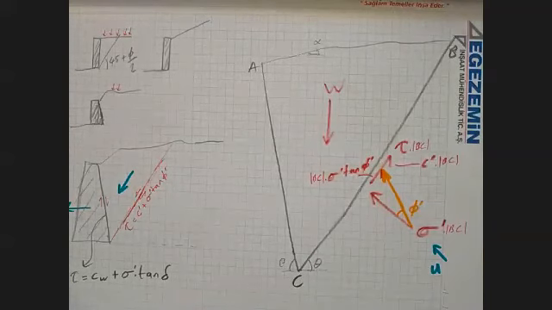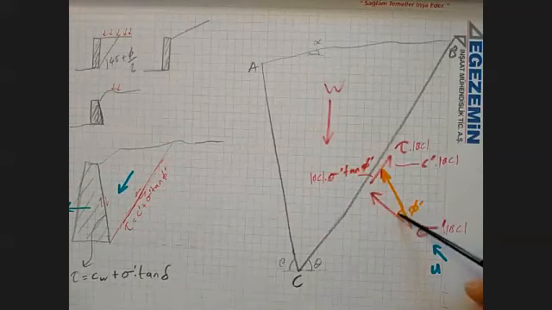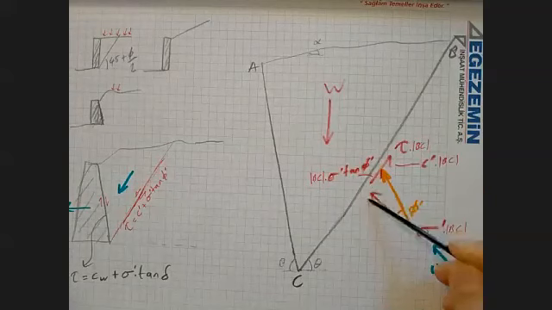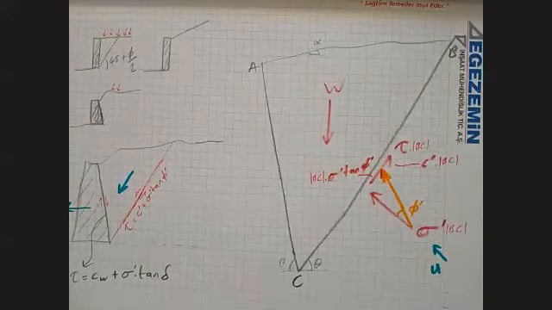This is simple trigonometry. Tangent phi is opposite over adjacent. So tangent of this angle is this divided by this, which gives you tangent phi.